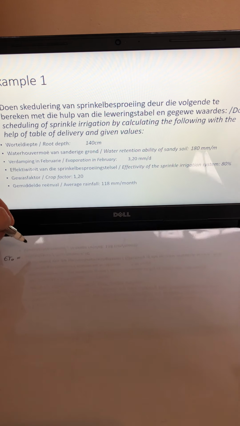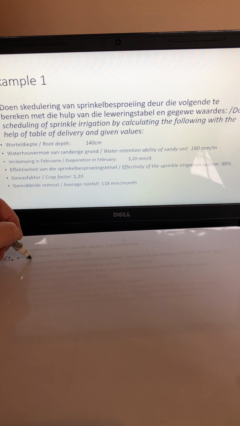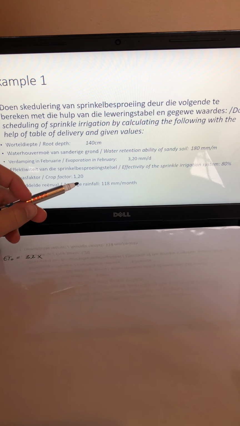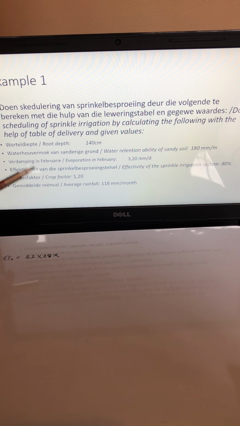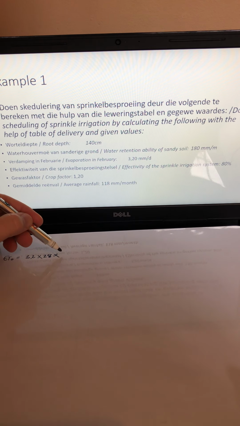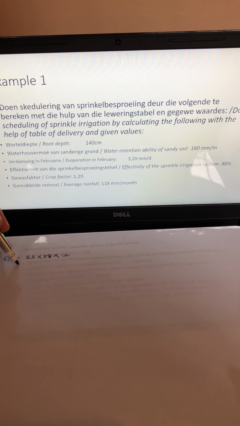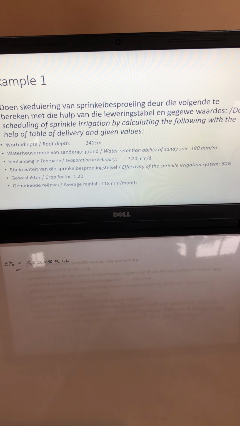So it's going to be 3,2, multiplied by 28, since that was per day and we want it for the month of February, and then times the crop factor. For this crop, it is 1,2.